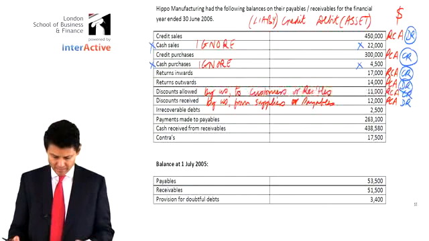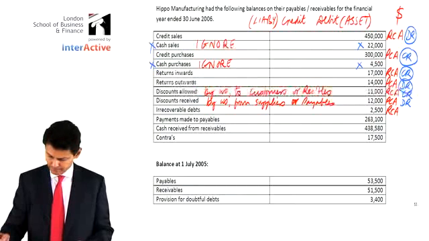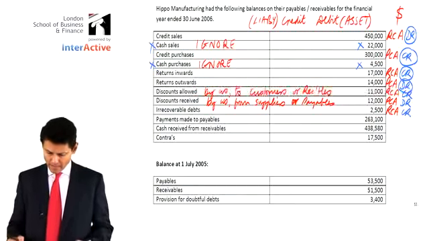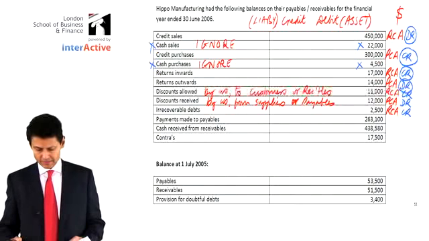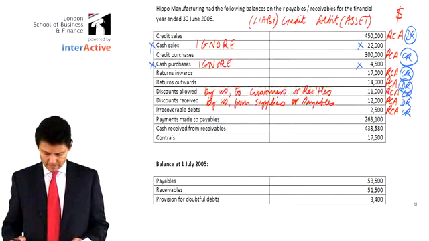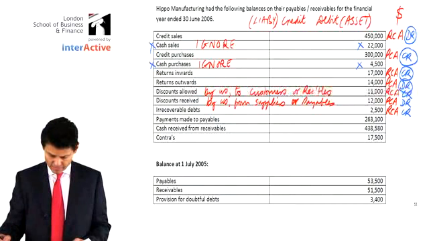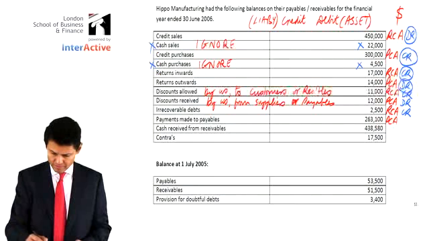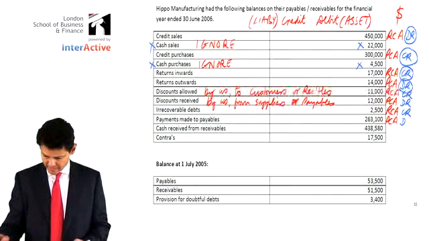Irrecoverable debts is simply a bad debt. That goes to the receivables control as a credit item. Payments made to payables. Payables are suppliers. So that goes to the suppliers accounts or the payables control account. And presumably if you've paid it, it needs to be debited.